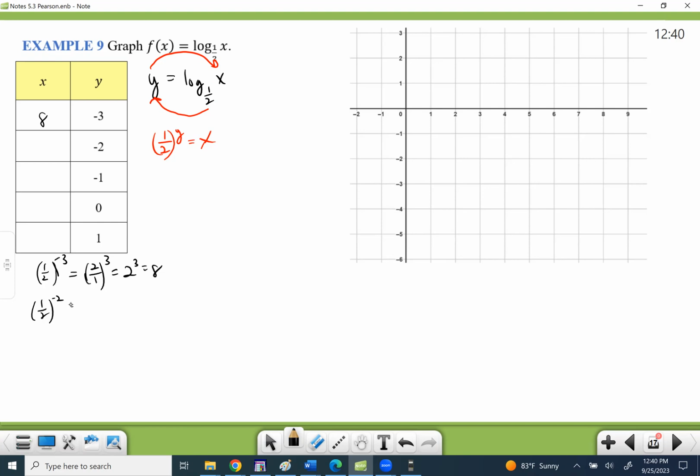1/2 to the negative 2, flip it, make it to the positive 2. 2 divided by 1 is 2, and 2 times 2 is 4. 1/2 to the negative 1, flip it, make it to the positive 1. 2 divided by 1 is just 2, and 2 to the first is just 2.